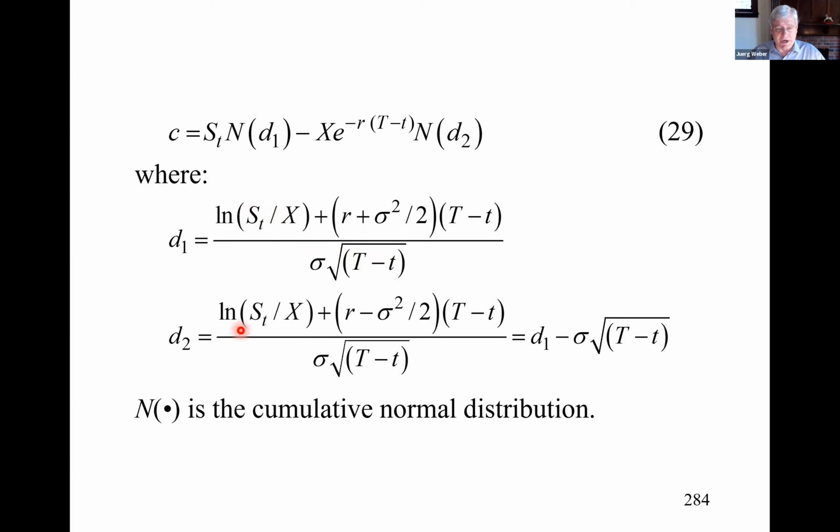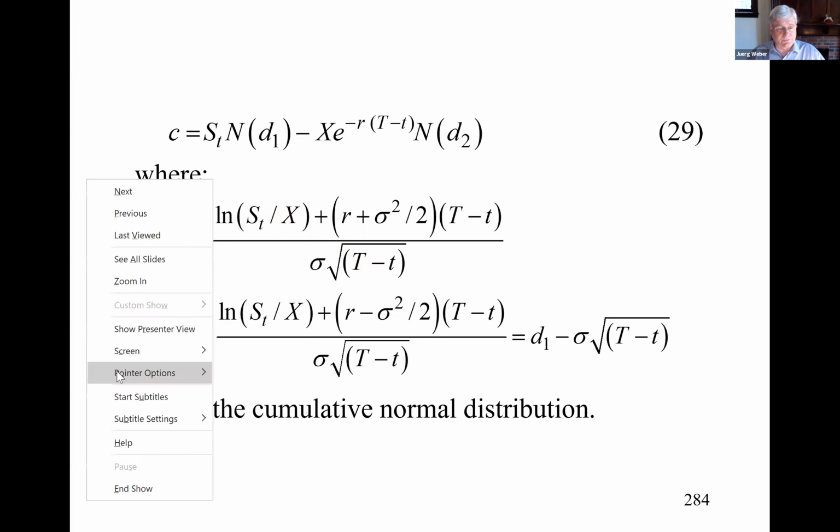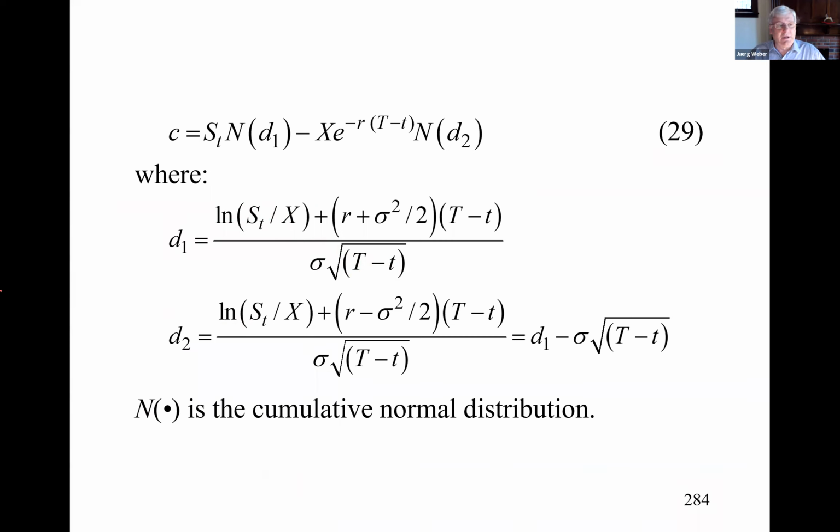And same thing here. But just remember how the logarithmic function looks. The logarithmic function is something like that, and it goes through 1 on the axis.